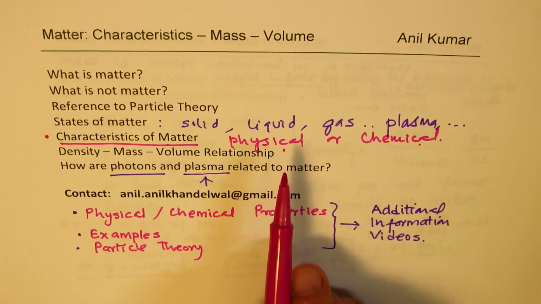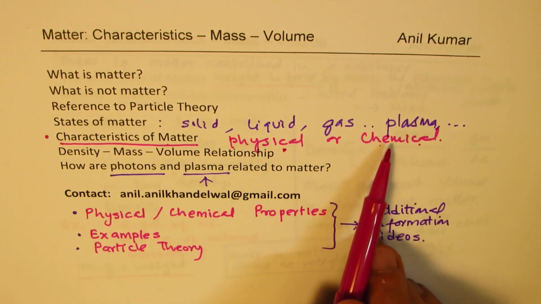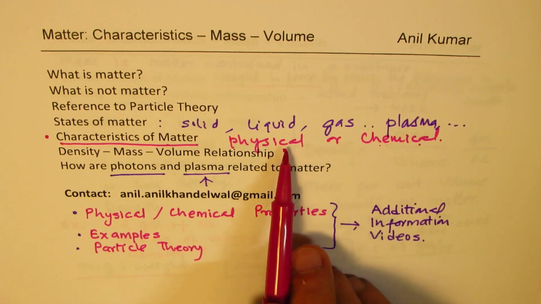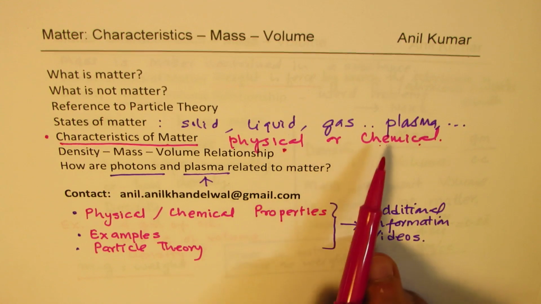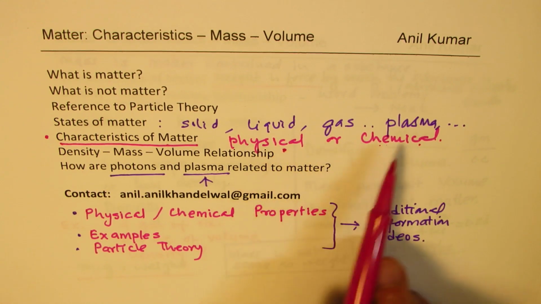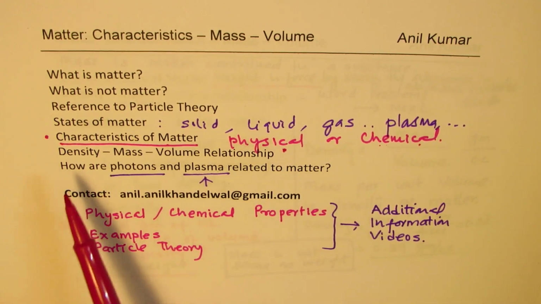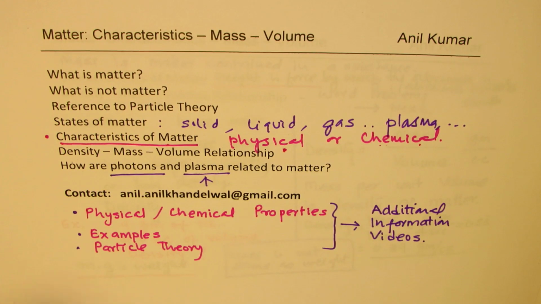Physical means substance remains same, maintains identity. Chemical means it loses its identity. That is the key word, right? So identity decides. If it is lost, it is chemical change. Not lost, it is physical change. Perfect. And then we will look into some ways of relating mass and volume. Density is a good parameter, which is also a physical property, correct?